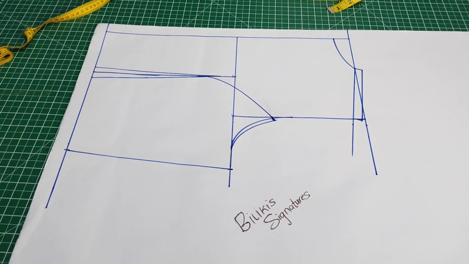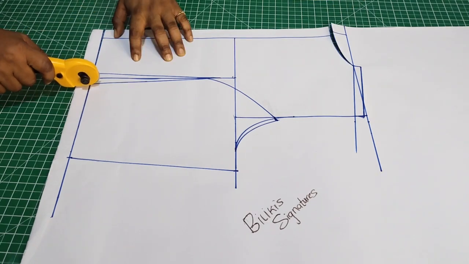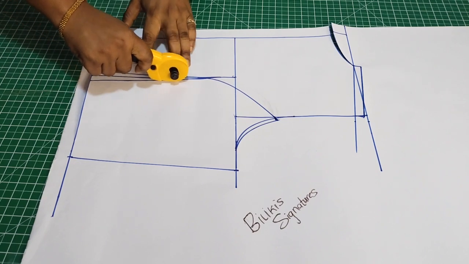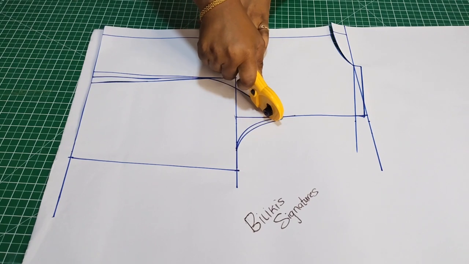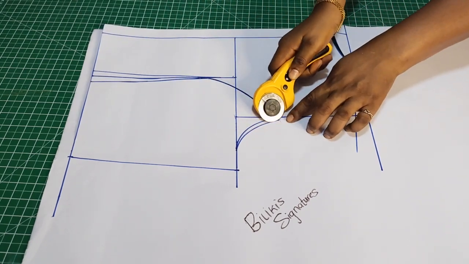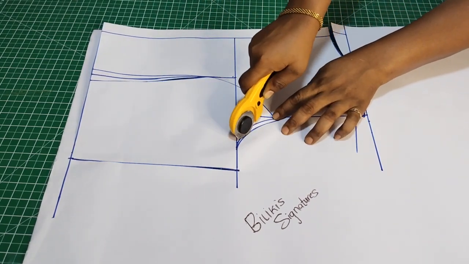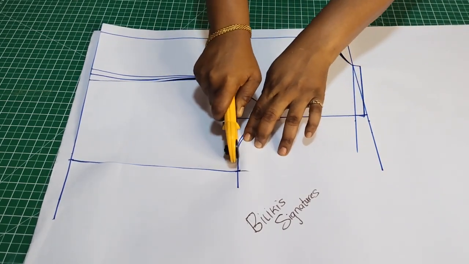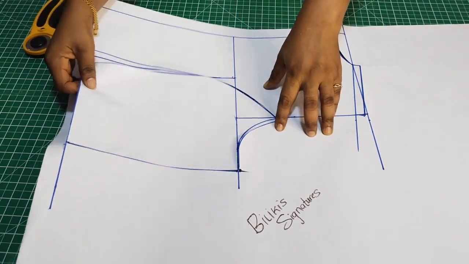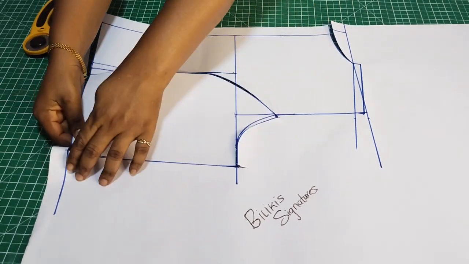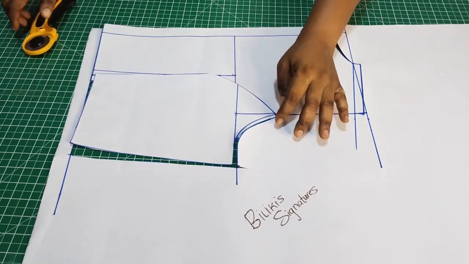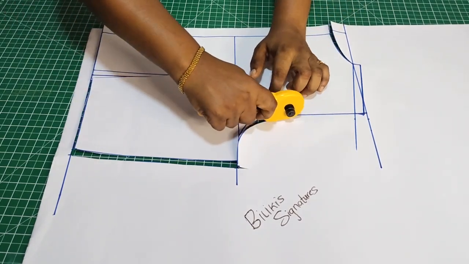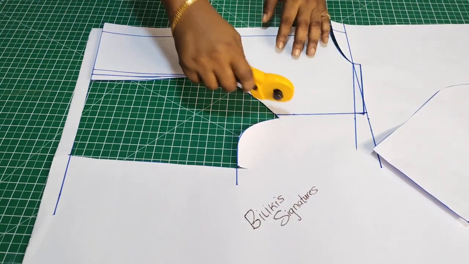So as good as done. To see how I'll cut the dart for the back. And you see. So this is the new armhole. This is it.